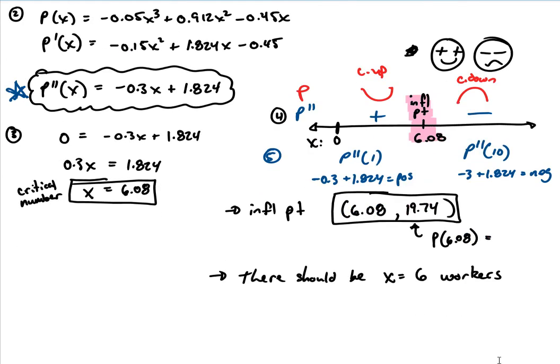So what that means is if they get more than 6 workers, their profit does not increase as well as it should.